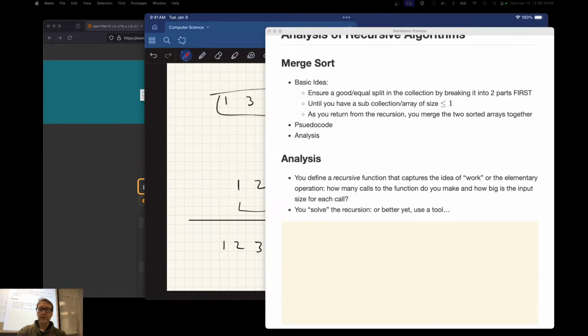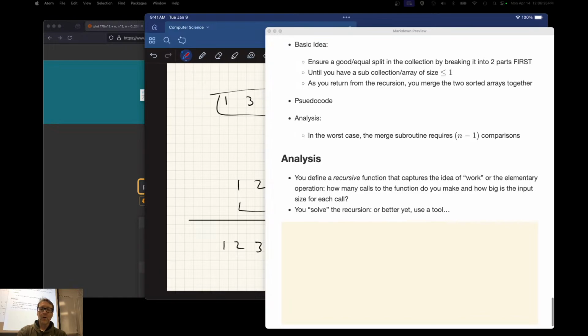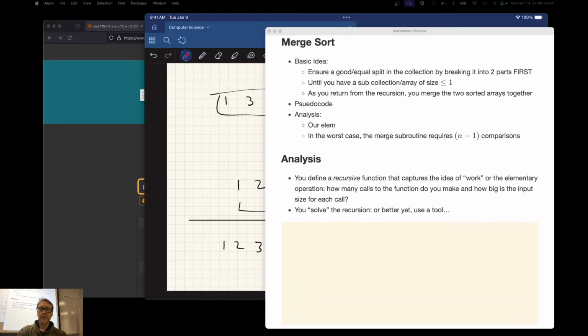In the worst case, the merge subroutine requires n minus 1 comparisons. And by the way, our elementary operation is the comparison in the merge subroutine.